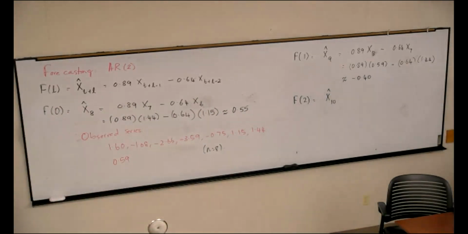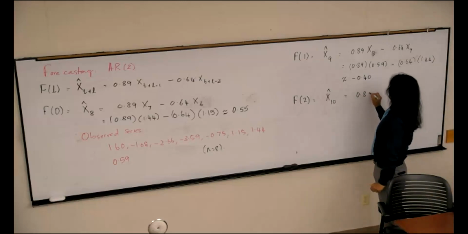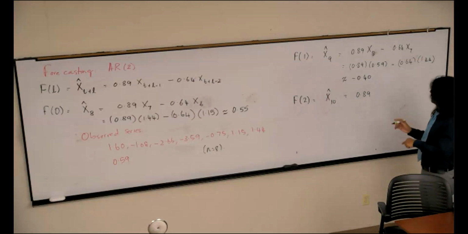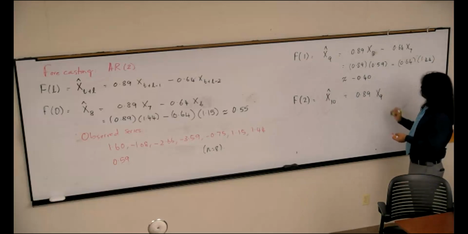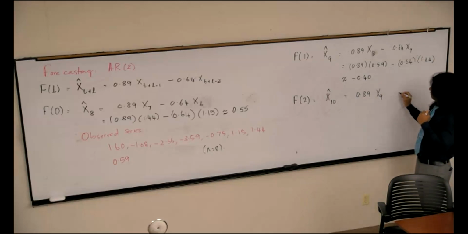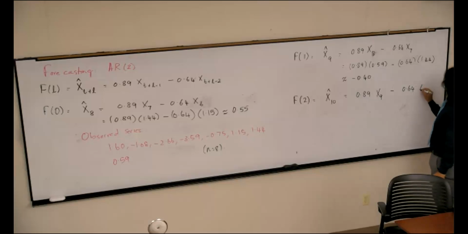The next step, x hat, 0.89 times, t is 8, L is 2, 8 plus 2, 10, 10 minus 1, you get 9. Minus 0.64, 8 plus 2, 10 minus 2, you get 8.